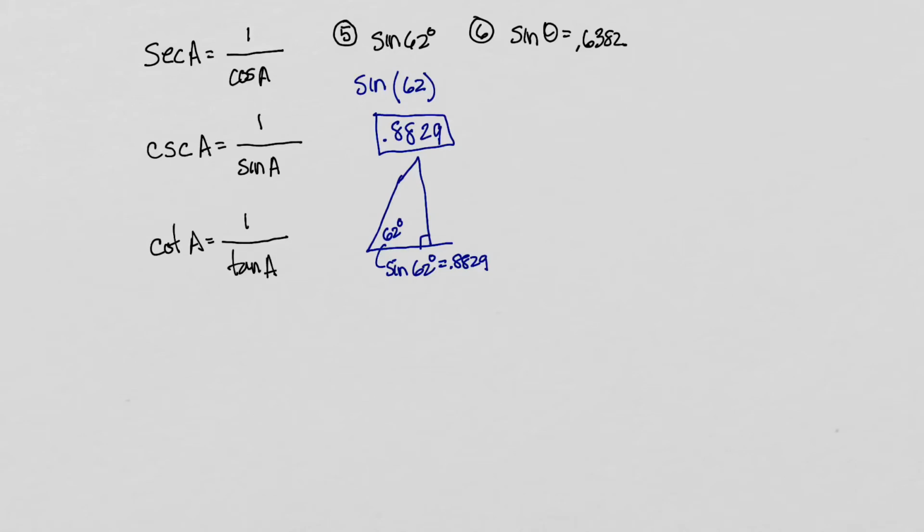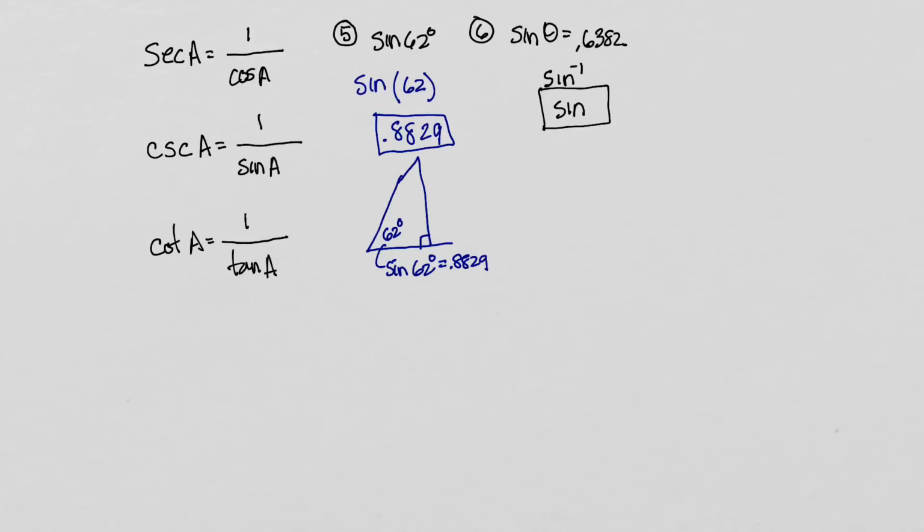Now this problem's a little bit different. We're given the sine of some angle is this number right here, and we want to go backwards and get the angle. Right now, if you look at your calculator here, what you're going to see is the sine key. It'll say sine, and then right above it you'll see sine inverse.